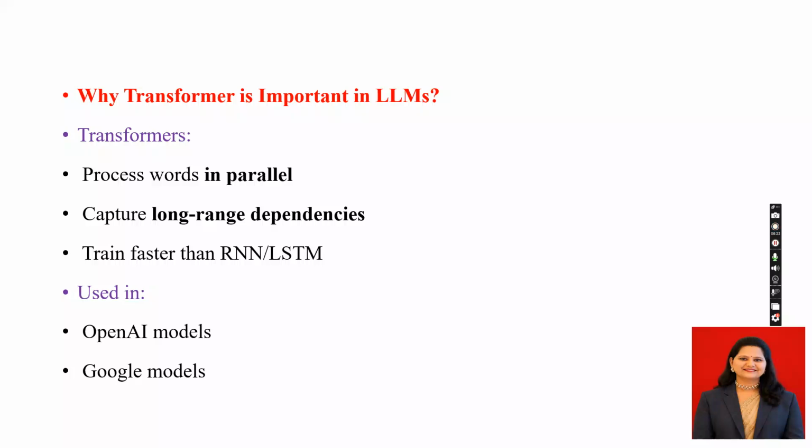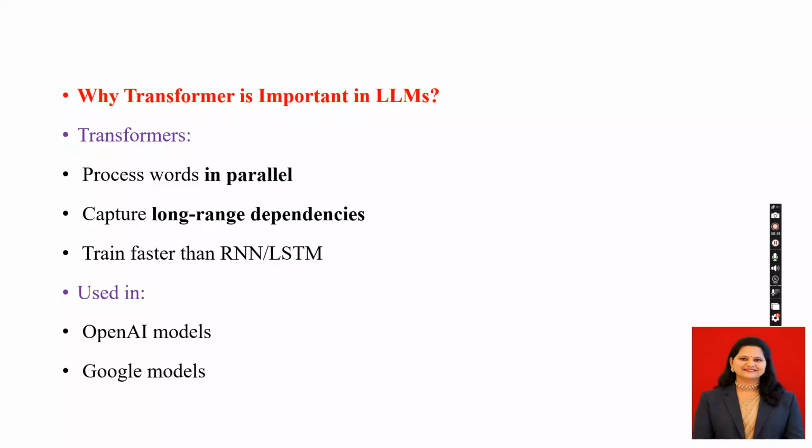Importance of transformers. Transformers have become the backbone of modern large language models. Their major advantages include parallel processing of data. Second is better understanding of long-range dependencies. Third advantage is faster training using GPU.